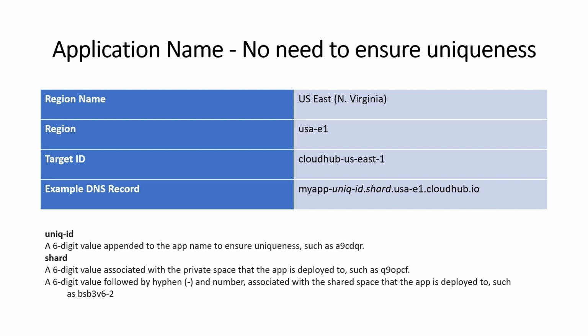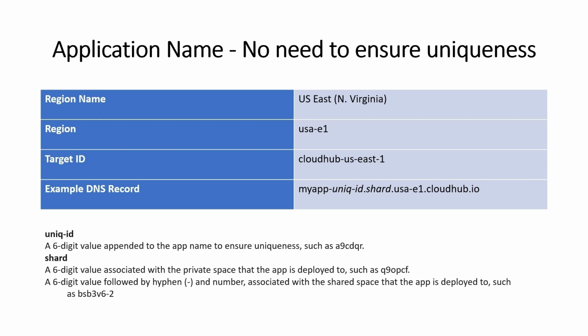It also appends the shard. Private space or shared space have a shard associated with it. Private space and shared space have a 6-digit shard associated with the private space or shared space. So it appends the shard. In case of shared space, it also appends the shared space number like 1 or 2.